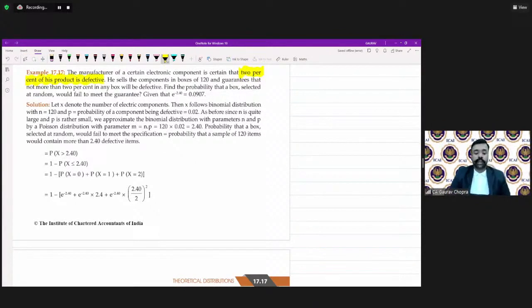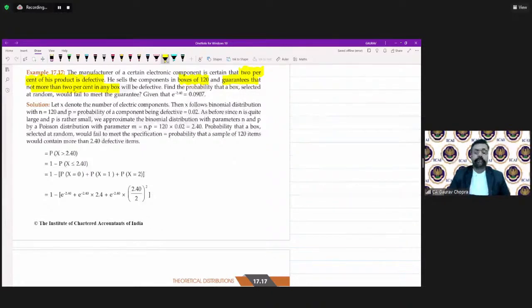He sells the components in boxes of 120 and guarantees that not more than 2% in any box will be defective. So find the probability that a box selected at random would fail to meet the guarantee. What is the probability that the box will fail to meet the guarantee?